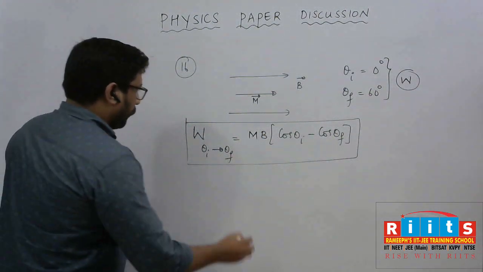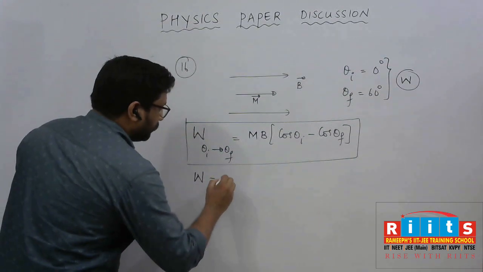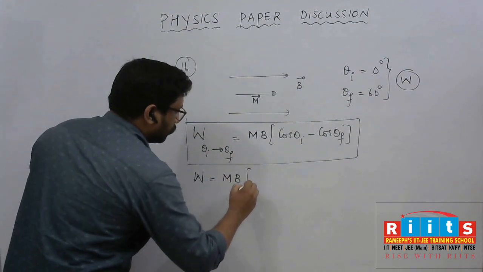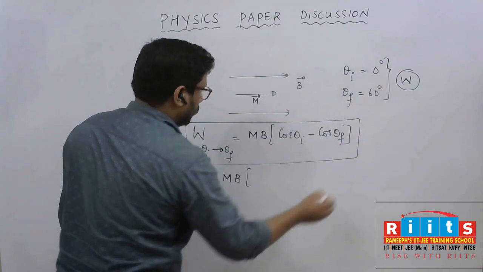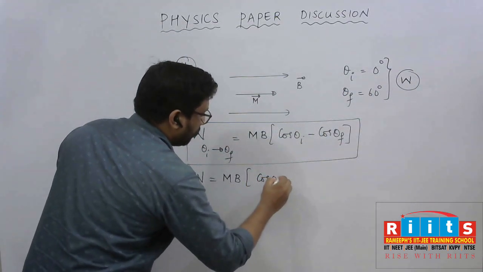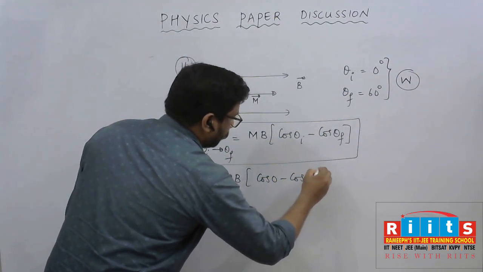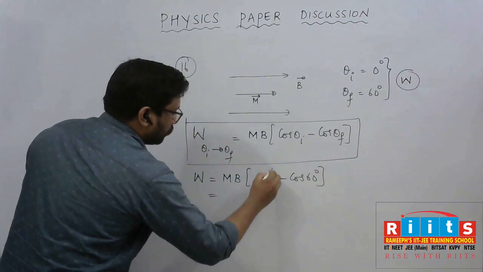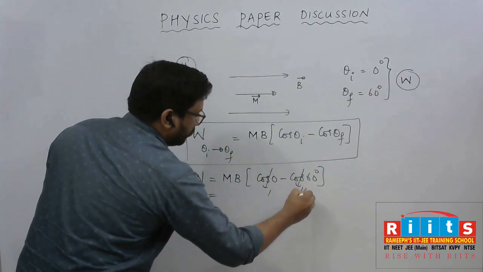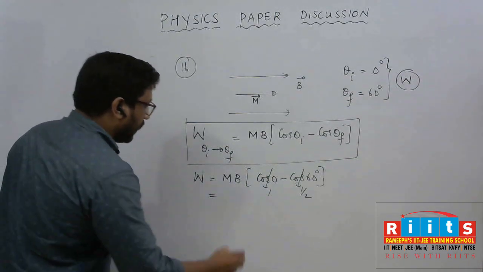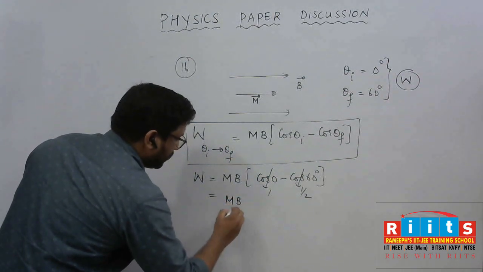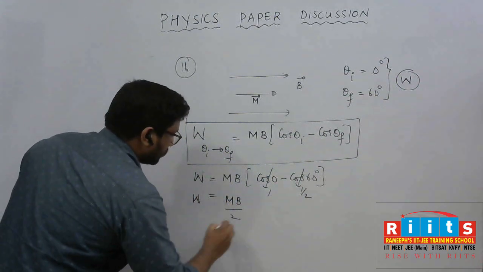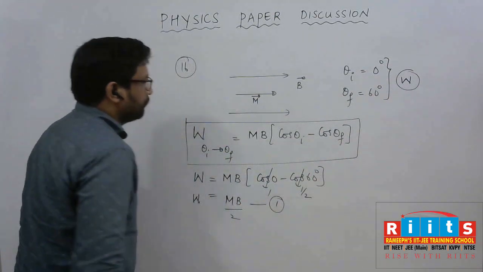Applying this, the work done is m into b into cos 0 minus cos 60. Cos 0 is 1 and cos 60 is 1 by 2. 1 minus 1 by 2 is 1 by 2, so the work done is mb by 2, equation number 1.